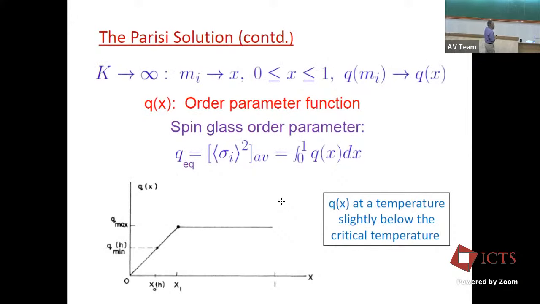I mean, accepting what is being done is not so easy, in the sense that it involves taking limits which seem sort of unphysical. But it turns out that at least for the SK model, this is the right solution.